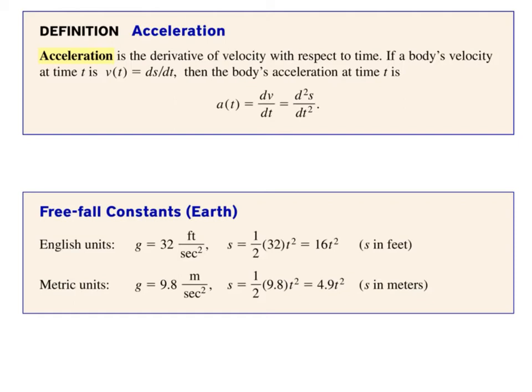So acceleration is just the derivative of the velocity function. The derivative of position is velocity, the derivative of velocity is acceleration. The second derivative of position is acceleration. So that's all described here.